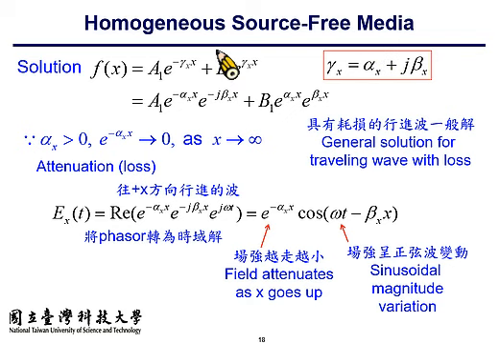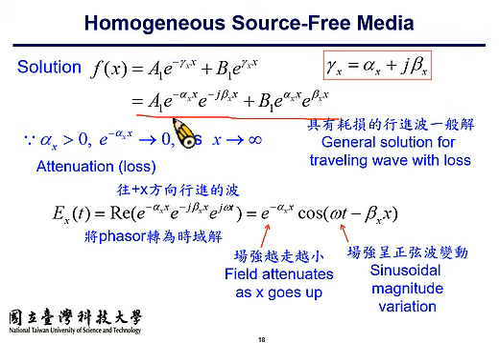So a more explicit or more convenient representation for the solution in the x, y, and z domain can be written as this. This is the general solution, but the exponential part is separated into a real part and an imaginary part in its propagation constant.